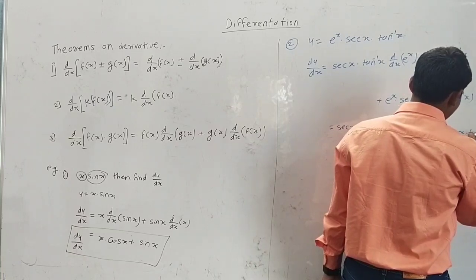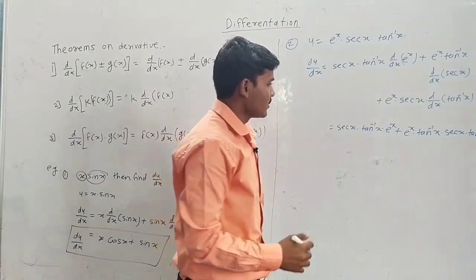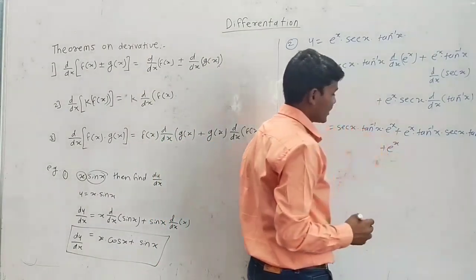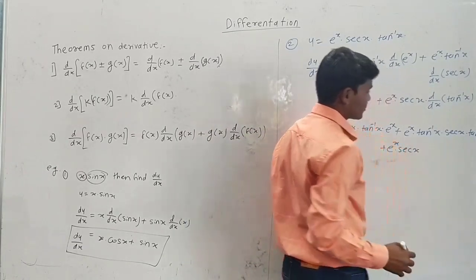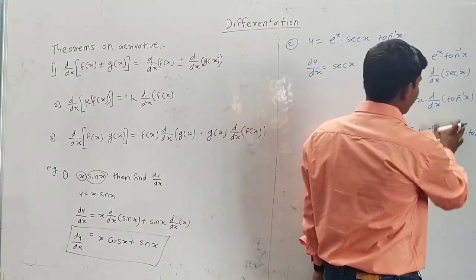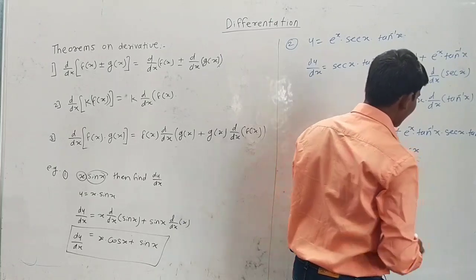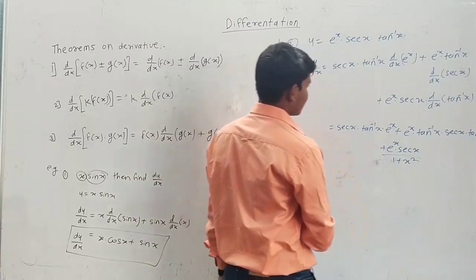Now the third term, e raised to x into sec x, is constant, and the derivative of tan inverse x is 1 by 1 plus x square. So this is the example.